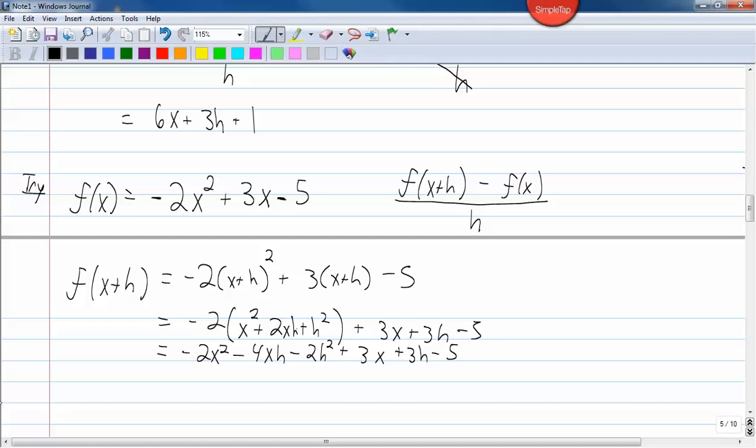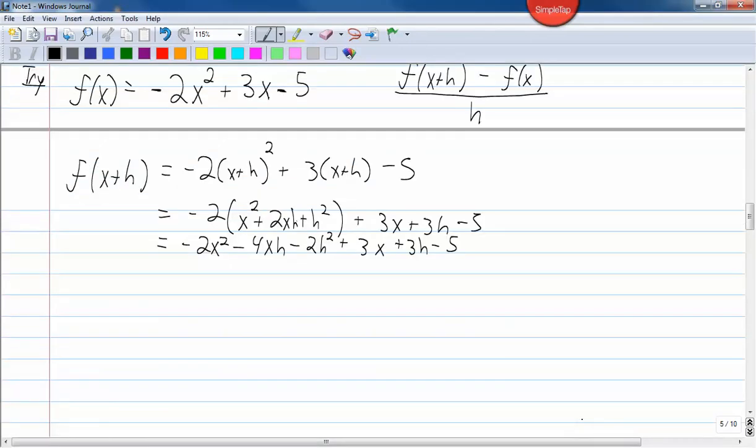So now plug that in your formula. See if you can get things to cancel out. I'm going to plug all this in the formula now. It's negative 2x squared minus 4xh minus 2h squared plus 3x plus 3h minus 5, and now I'm subtracting the original function.